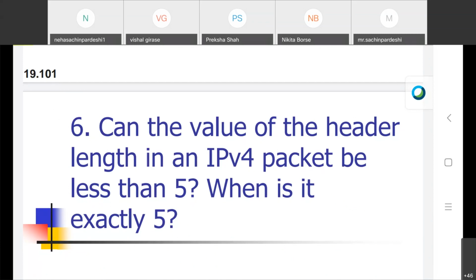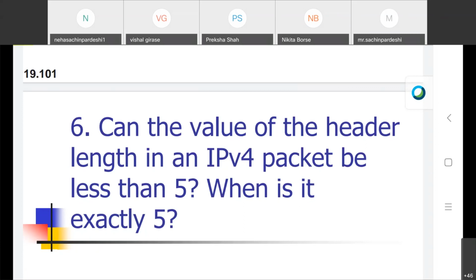So 5 into 4 is 20. That is the minimum header size requirement, 20 to 60. So if this value is less than 5, it means the size is less than 20. It means the packet is corrupted. So the value should not be less than 5, right? The size should be between 20 to 60, so 5 multiplied by 4 is 20.